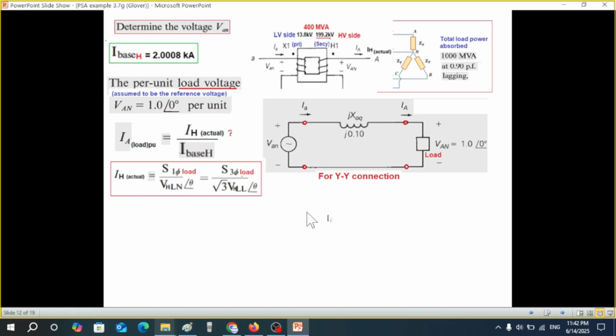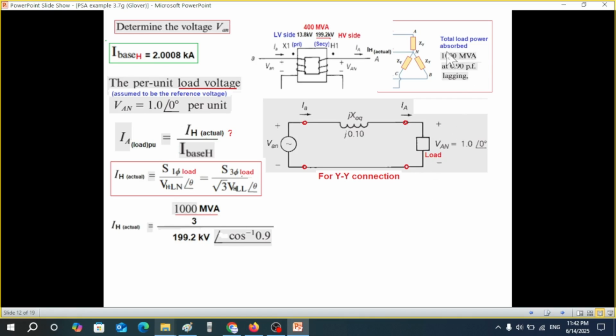And IH actual we can find from the current through this load. So we know the load power, and we will use the high side line to neutral value. Or we can use the total load power for three phase and then under root 3 VLL. Using this formula, load power for single phase will be 1000 MVA divided by 3.